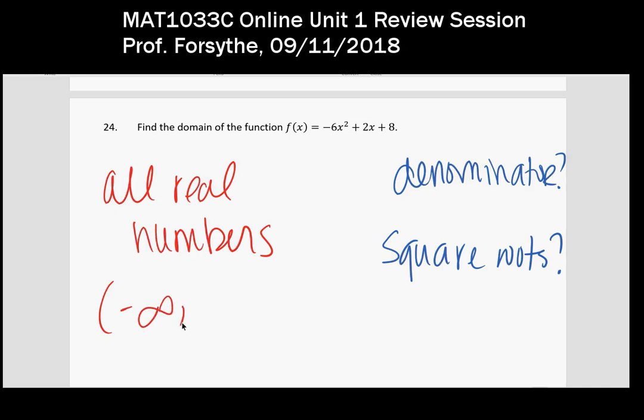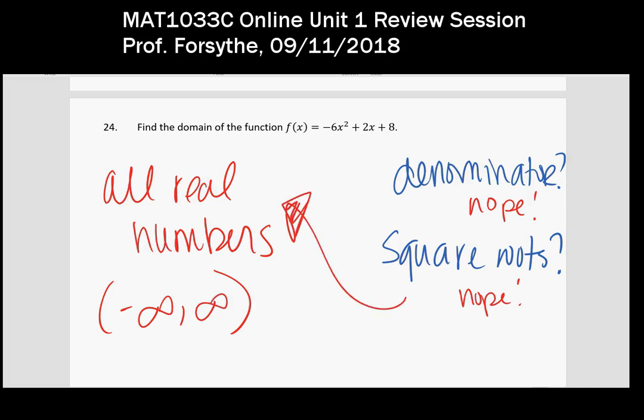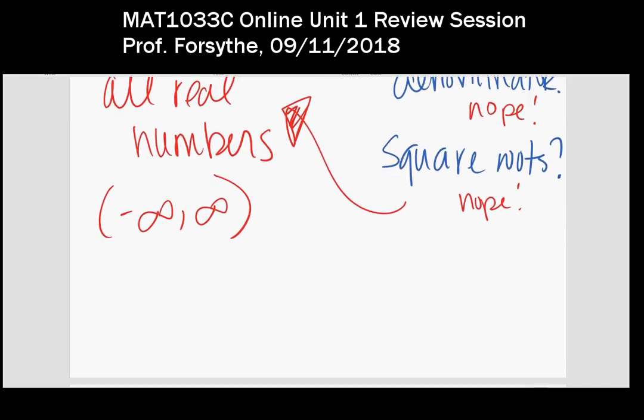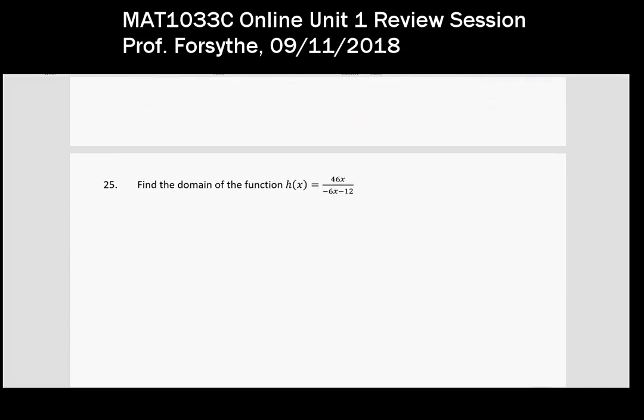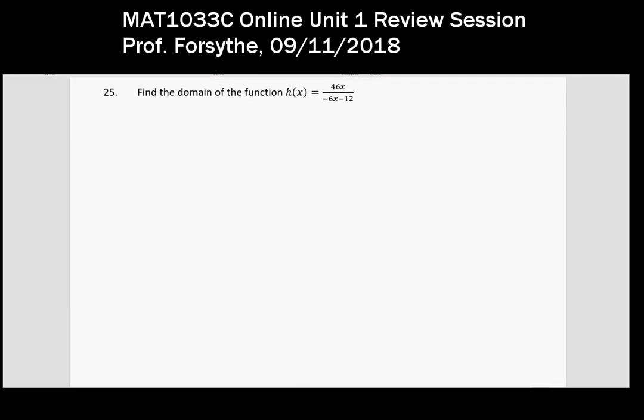So that would be negative infinity to positive infinity. Okay? So no denominator, no square root. That means the domain is all real numbers. Now, of course, we're going to look at some when you do have those situations. And then what would we do?